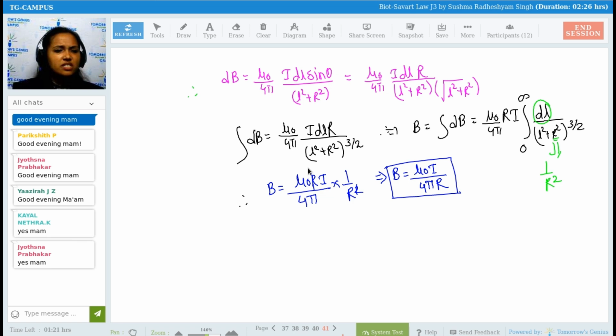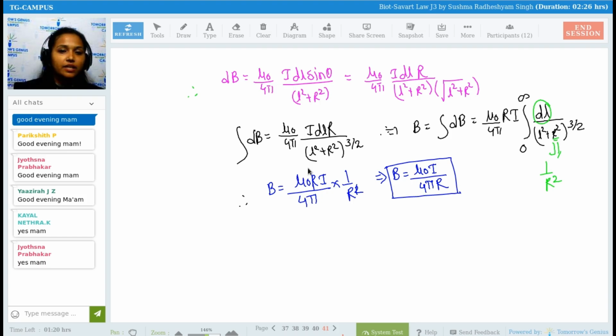If in the denominator something is a square plus b square raised to power 3 by 2, you may remember we use the tan inverse substitution method in integration. Here we directly substitute the value 1 over R square, and with the help of that we get the formula mu naught I over 4 pi R. Okay, clear this point?